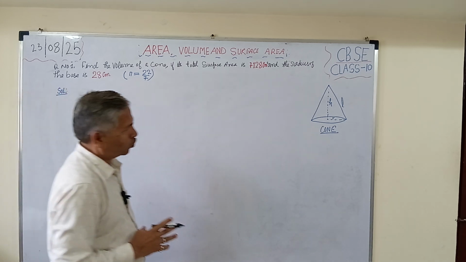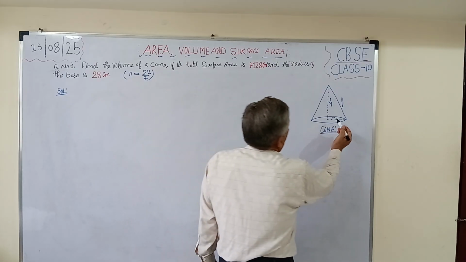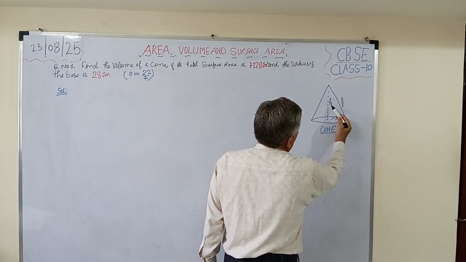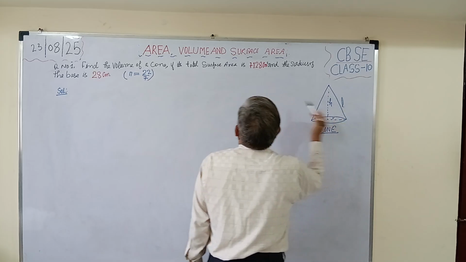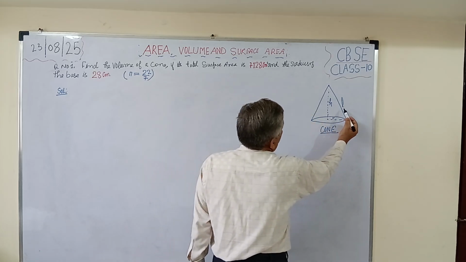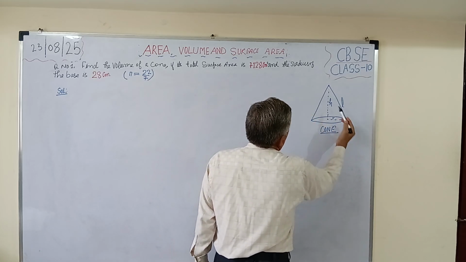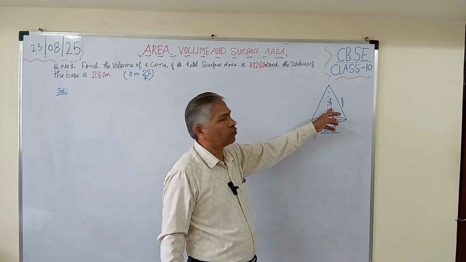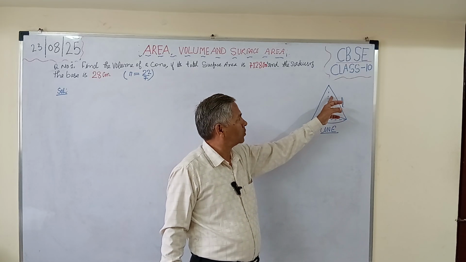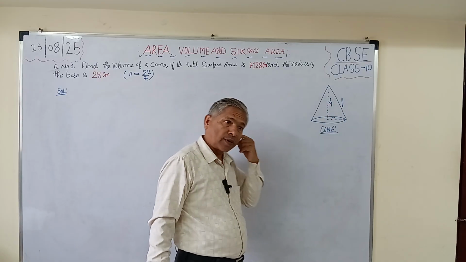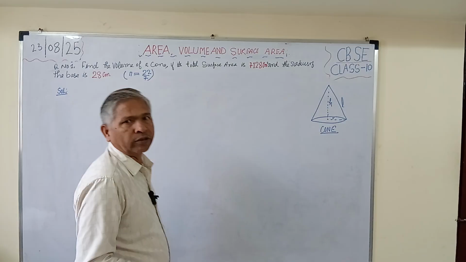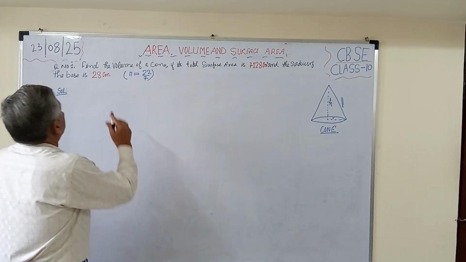Now in a cone, we see one is the slant height, that is L, and second is the height. Both are not given. So first we have to calculate the slant height and the vertical height, because to solve the volume we need the vertical height, and that will come in relation with L square. So I will show you how it comes.